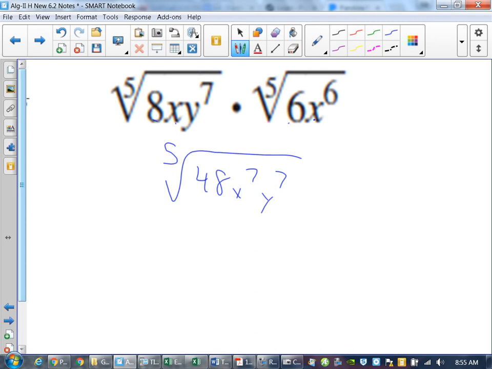Now you have a small number here. We have 48, which means the only value that could possibly have a 5th root that works with that is probably 2. Remember, 2 squared is 4, 2 cubed is 8, 2 to the 4th is 16, 2 to the 5th is 32. Does 32 go into 48 nicely?